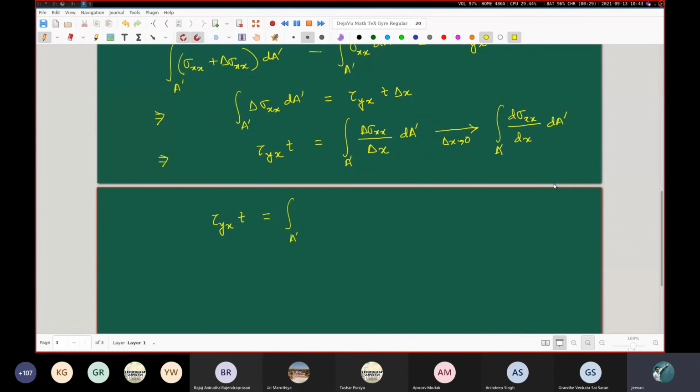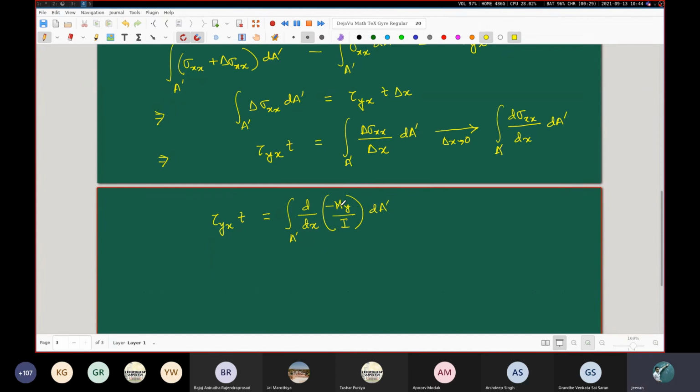All right. So we end up with d/dx of the integral of sigma xx dA dash, and sigma xx is what? Minus My by I. Now you see this I is the second moment of area, or the area moment of inertia, and because it is a prismatic beam, with completely uniform cross section all along the length, and the length is along the x direction, the I is not going to have any variation with x.